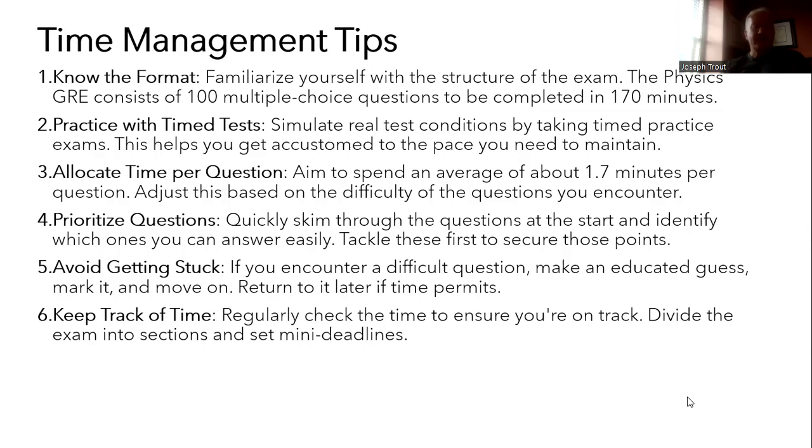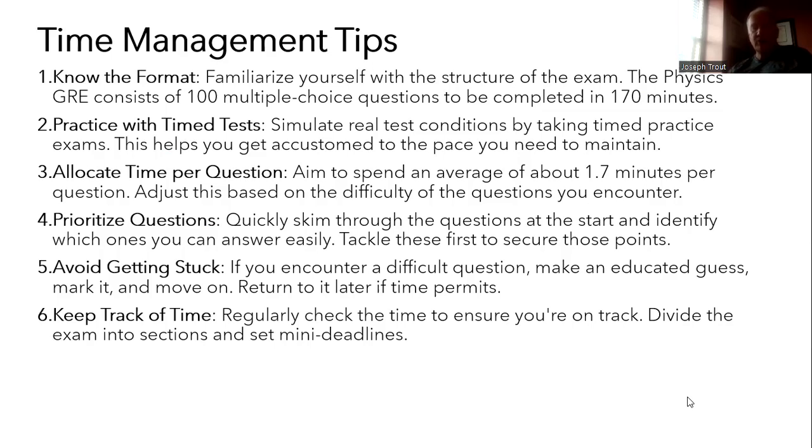Also, allocate time for questions, so don't get stuck on one question and spend 10 or 15 minutes, and maybe it's just a question you're never going to get in the time allotted. So aim to spend about, in this case, 1.7 minutes per question, right?